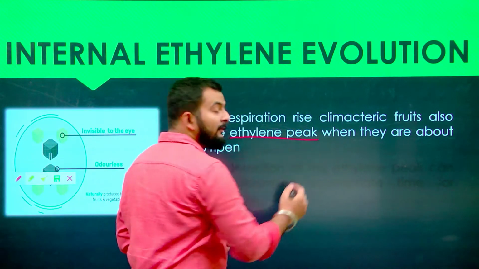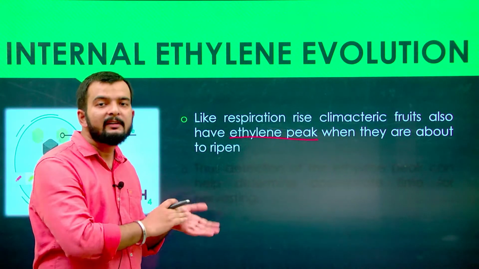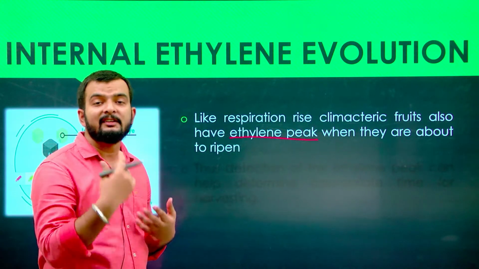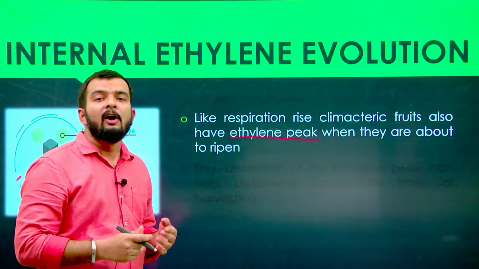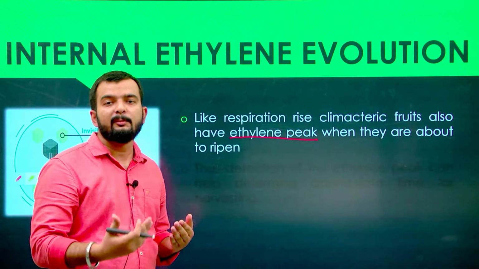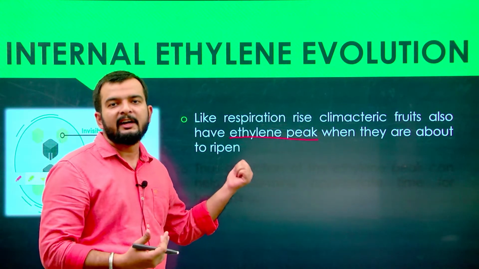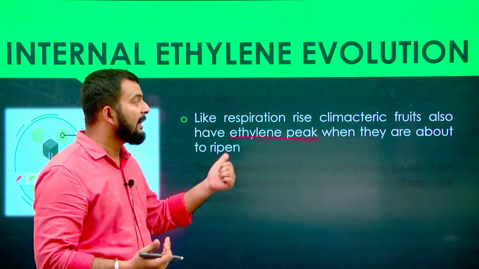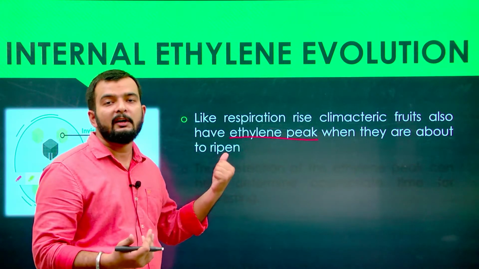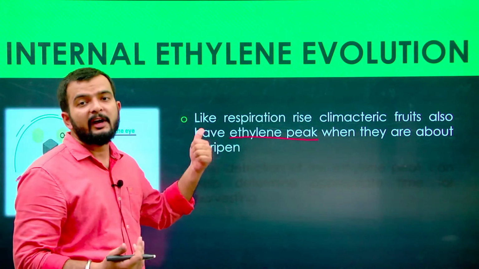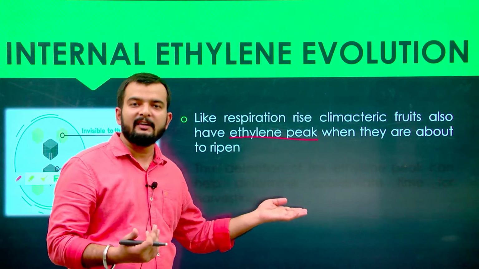When the fruit or vegetable is growing, ethylene will rise at a constant rate, and as it is about to ripen, you will get a peak in ethylene production, a very high amount of ethylene production in your fruit, vegetable or plant. If you are able to detect through sensors how much ethylene is being produced, it is possible to identify when your crop is going to be mature or start ripening.